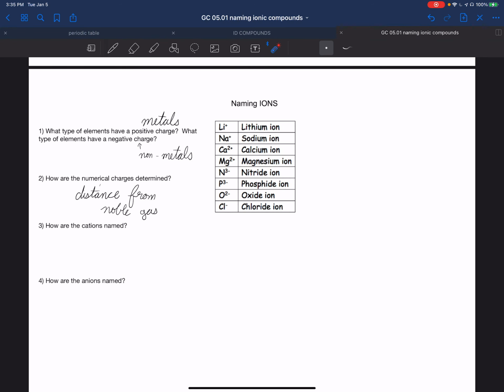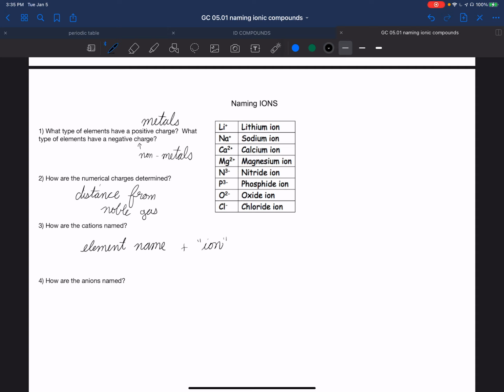All right, how are the cations named? It's the element name plus ion. Now notice that the word ion is actually really important, because if you don't have that, then what you've just said is the element name, and you haven't indicated that it's an ion.